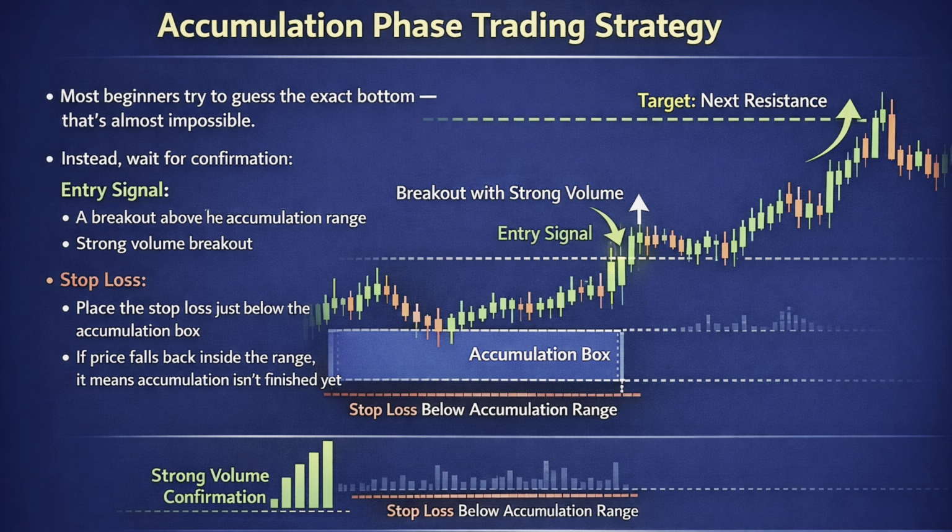That's your entry signal. Place your stop loss just below the accumulation box, because if price falls back, it means accumulation isn't finished yet. Target the next major resistance level.